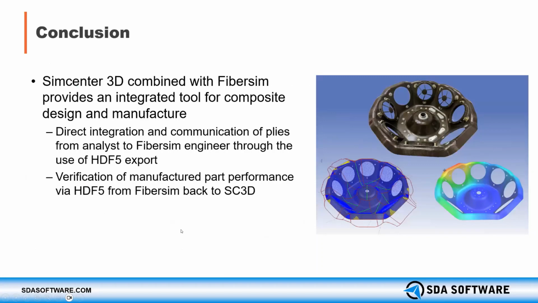So in conclusion, we see that Simcenter 3D combined with Fibersim provides an integrated tool for composite design and manufacture. We're able to provide direct integration and communication between the analyst and the Fibersim engineer. By using this tool, we're able to eliminate errors by taking the guesswork out of your boundary development or the locations of your different plies.